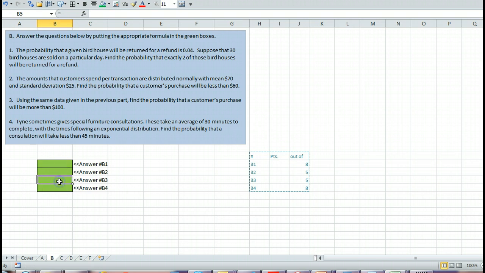On B2 and B3, both of these problems give you information about the mean and the standard deviation. That's going to give you a clue as to which distribution formula you should use for those. So you're going to use a mean distribution formula here as well as here from chapter 2, one that we've used before. And then on B4, this is a queuing problem.